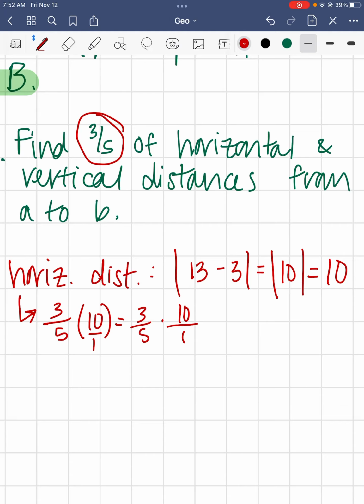Some of you might see a short, quick way to finish this by reducing here, but let's just continue on the long way. 3 times 10 is 30. 5 times 1 is 5. Can we simplify this? Yes, we can look at this 2 different ways, right? This fraction bar represents division, so we could just do 30 divided by 5, which is 6, or we can divide the top and bottom by 5, and then we'll get 6 over 1, which is equal to 6. Okay, so 3/5 of the horizontal distance is 6 here.